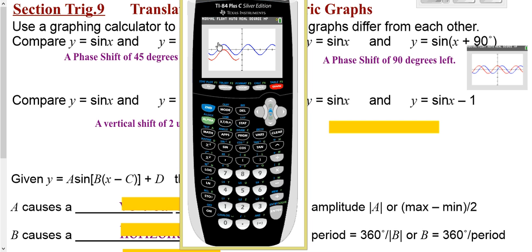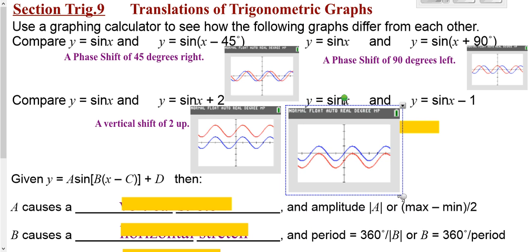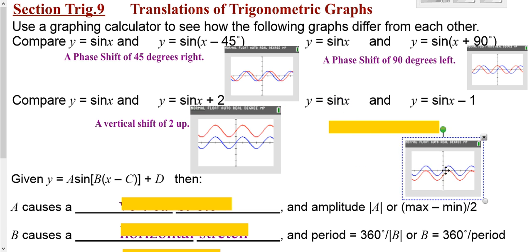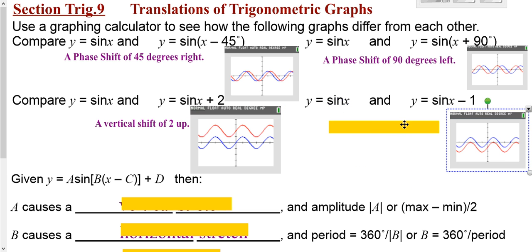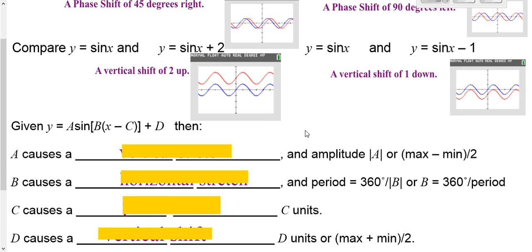Well, we were at a height of 1 here. Now the red is only at a height of 0. So yes, it is down 1. So yes, adding after or subtracting afterwards does a vertical shift of 1 unit down. So adding afterwards moves it up and down. Adding in the parentheses with the x moves it left and right.